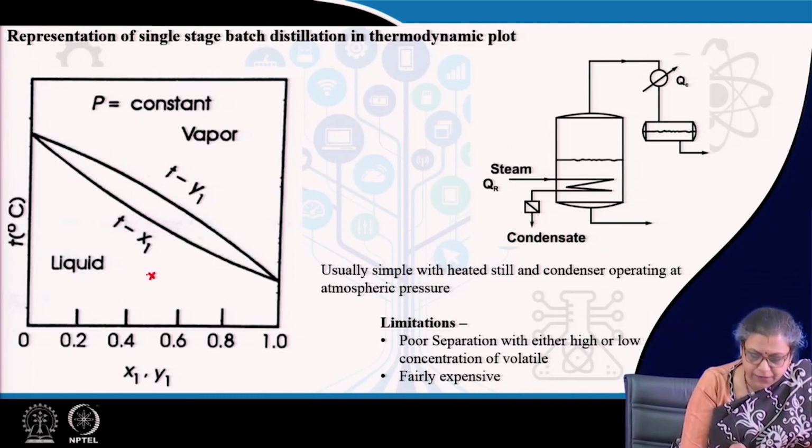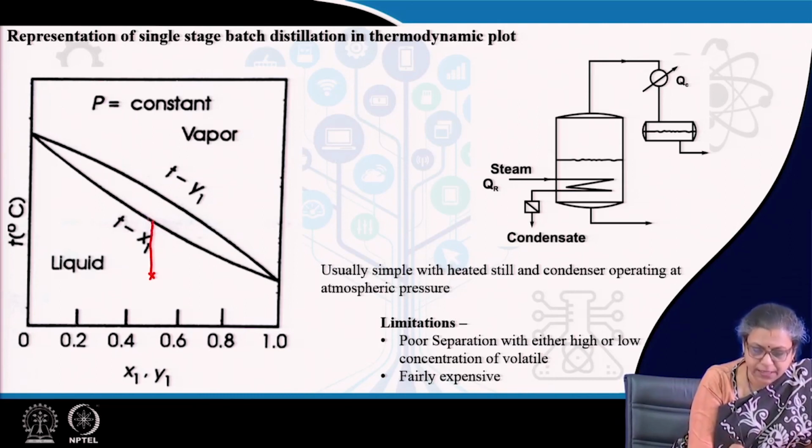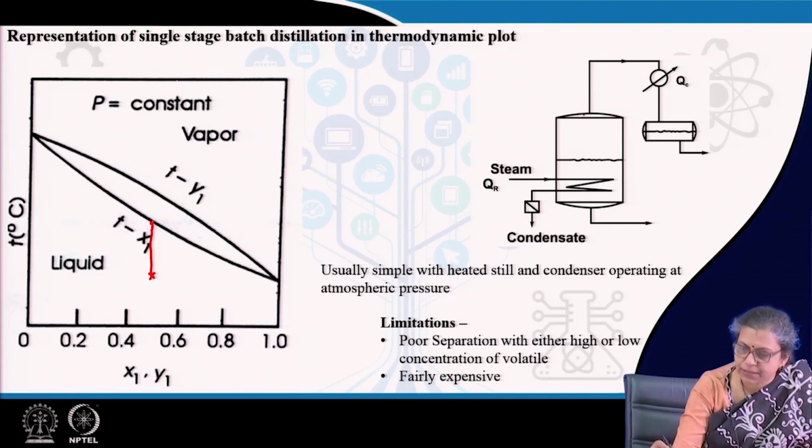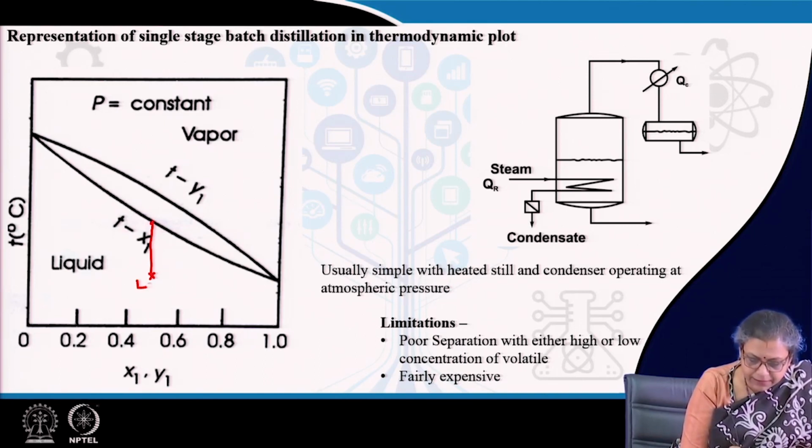Say suppose we have started from this part, we keep on heating it till we reach the saturated conditions. From the saturated conditions, what happens? The vapor forms. This is the liquid feed and its composition is say Xf.